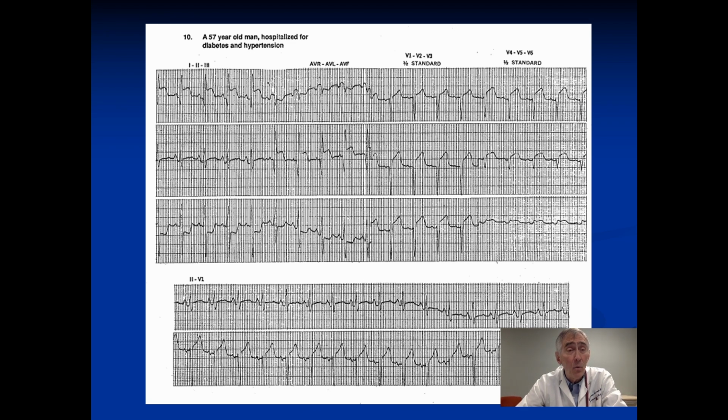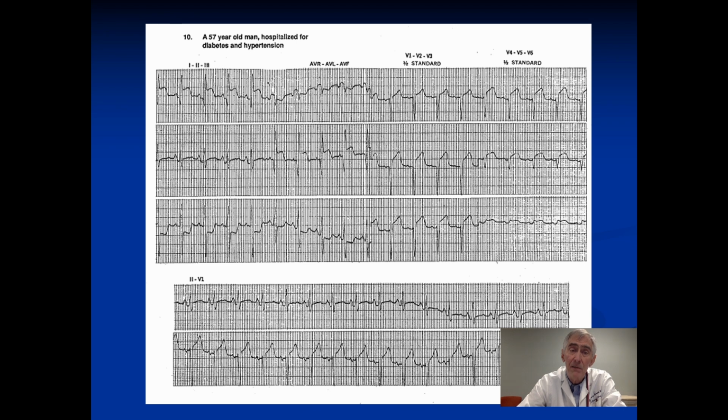And then what we are worried about is we're seeing huge ST elevation here in 1 and AVL, right? And we're also looking at reciprocal changes of ST depression in 3 and AVF. And then over here you're saying, well, this ST elevation doesn't look very big. But remember, at 1/2 standardization, these are twice.